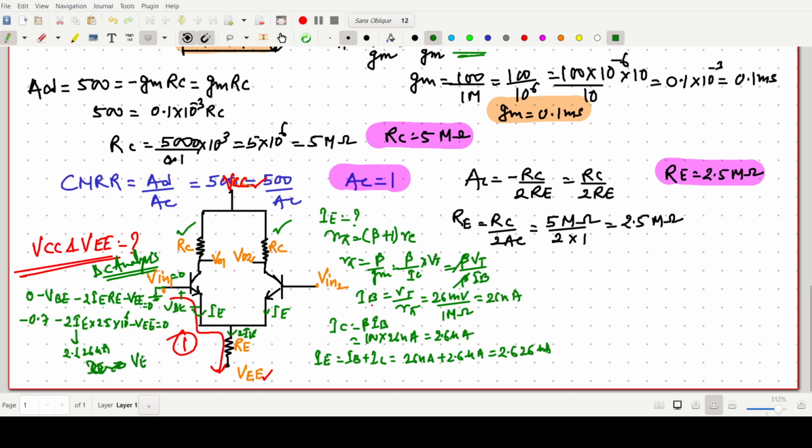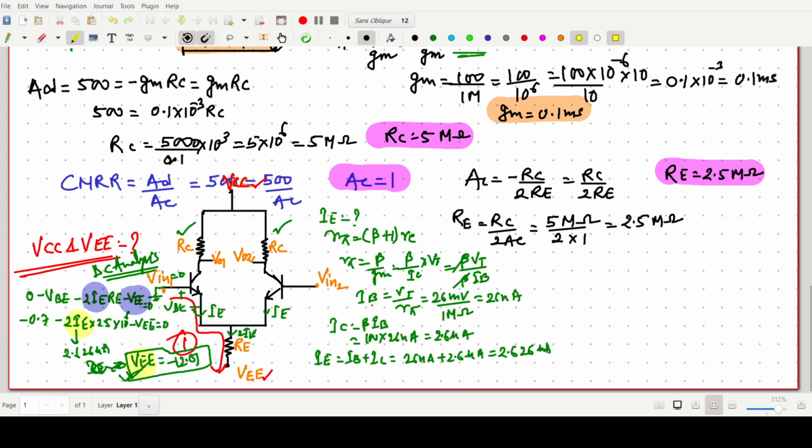Then by putting this IE value, the VEE value will become around minus 12.01. I am not doing the calculation part, but if we go like that, it will definitely give the value of VEE using this concept. I am highlighting this because there are two unknowns, VEE and IE, so for this purpose we need the value of IE.